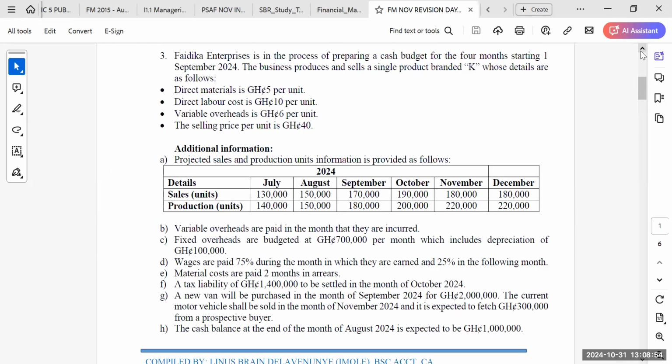The quantity is 150,000, multiplied by 40.